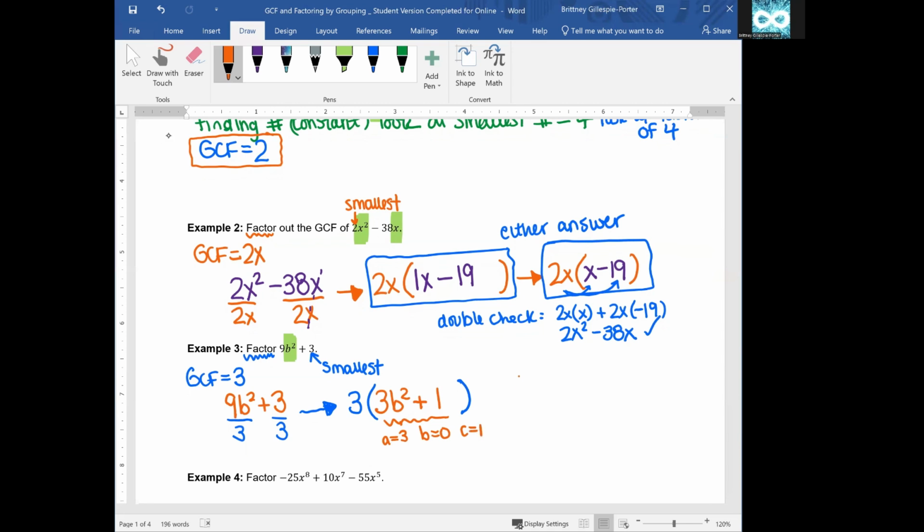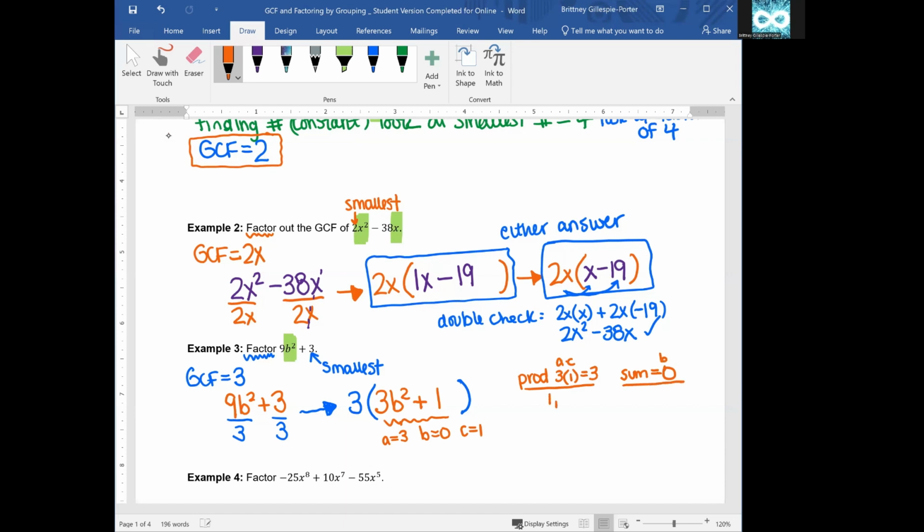So if we try to do our product sum, product with the multiplication of A times C, which is 3, and a sum of our B, which is 0. Remember, A times C, sum of B.